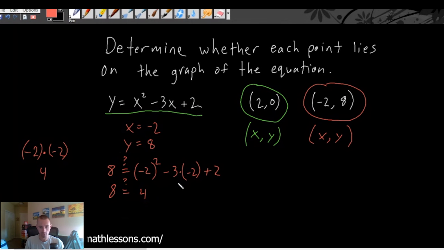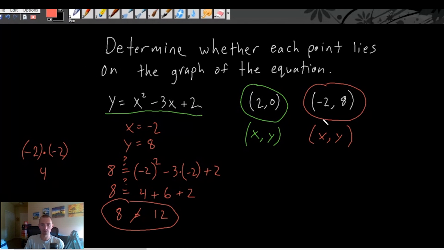Again, a negative times a negative cancels into a positive. 3 times 2 is 6. So we're going to get 4 plus 6 and then plus 2. So 4 plus 6 is 10 plus 2 is 12. So we have 12 on the right side of our equation, 8 on the left side. So these two things are not equal. So that tells us that at this point, (-2, 8) is not on the graph of this equation.